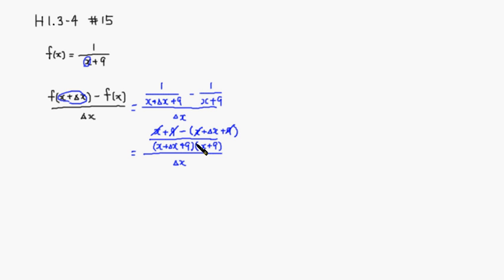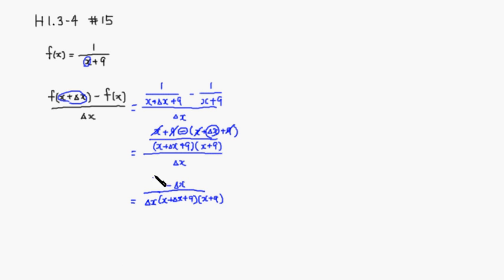What's left is negative delta x on top, then x plus delta x plus 9 times quantity x plus 9 on the bottom. Then you're dividing the whole thing by delta x. Dividing by delta x is the same as multiplying the denominator by delta x, so I'm going to put the delta x right here.